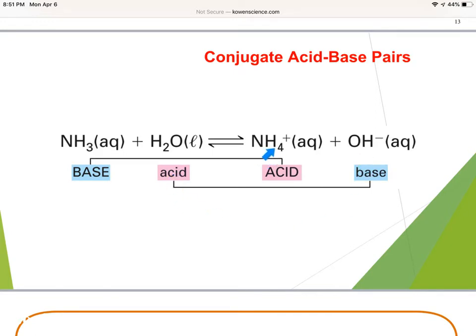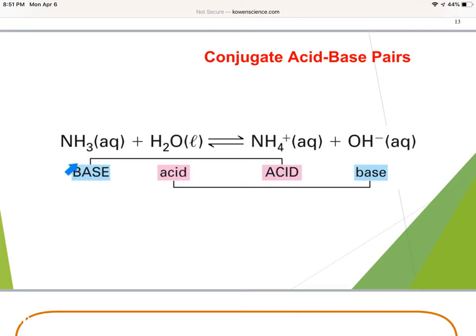Here we have the conjugate acid. Notice that it has one more hydrogen than the conjugate base, and that's how you tell a conjugate acid-base pair. Okay, so again, looking at how we would tell this, we have NH3, we have NH4. The one with the larger number of hydrogens is the conjugate acid.